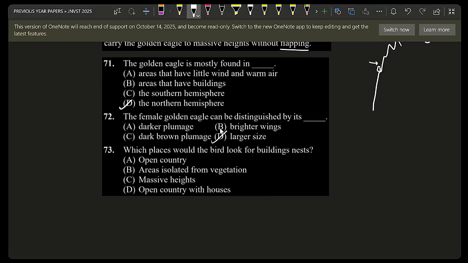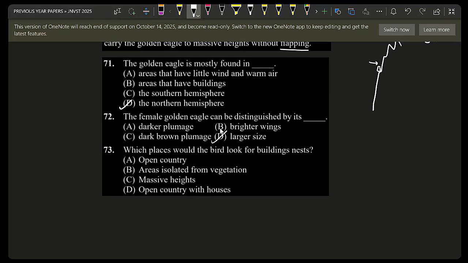73. Which places would the bird look for building nests? We already discussed it will go to very great heights and build its nest in tall trees or cliffs of mountains. The options are open country, areas isolated from vegetation, massive heights, open country with houses.